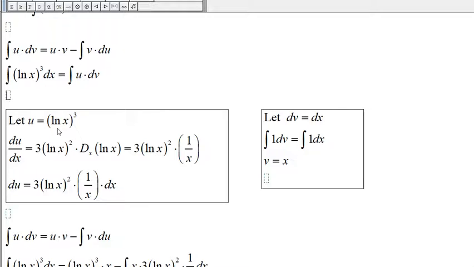The derivative of the natural log of x to the third will be 3 times the natural log of x to the second, and then the chain rule says we have to multiply by the derivative of ln x, and the derivative of ln x is 1 over x.